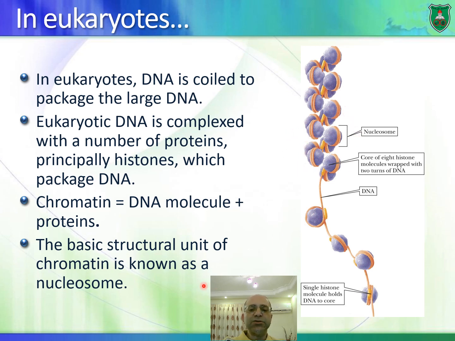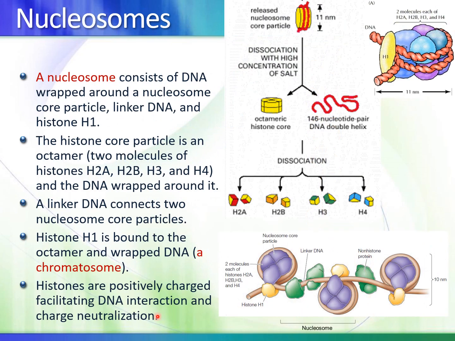The basic structure of a chromatin molecule is known as a nucleosome. So what is a nucleosome? You have histone molecules, and there are 5 types. Right here, I'm showing just 4.